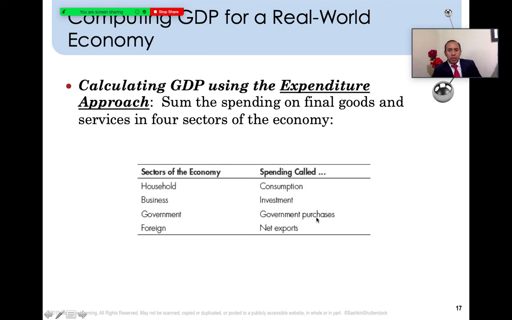They have government purchases, and the foreign sector, which includes exports and imports. So households consume, businesses invest, government purchases goods and services, and the foreign sector is where we import or export. The four categories are consumption, investment, government, and net exports.